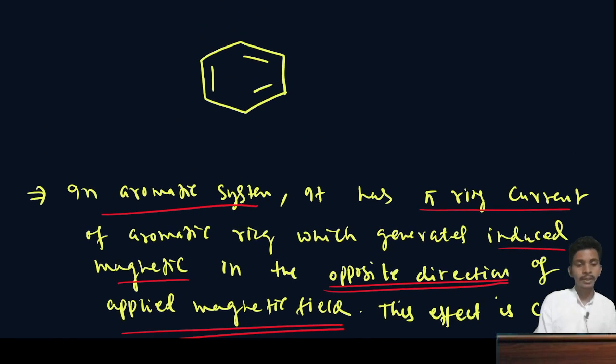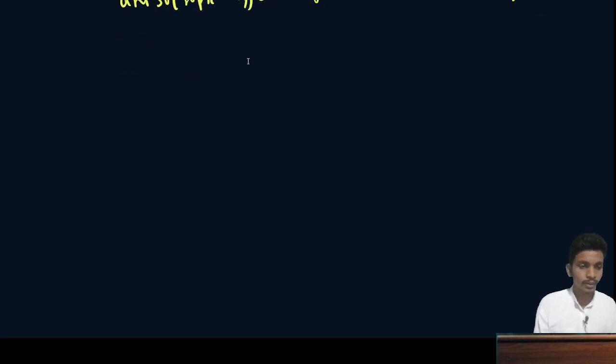What it means is, let's say it is the benzene ring, and it has these pi systems and generates its own pi ring current, and due to this it produces a magnetic field. Its magnetic field is, let's say, like this.